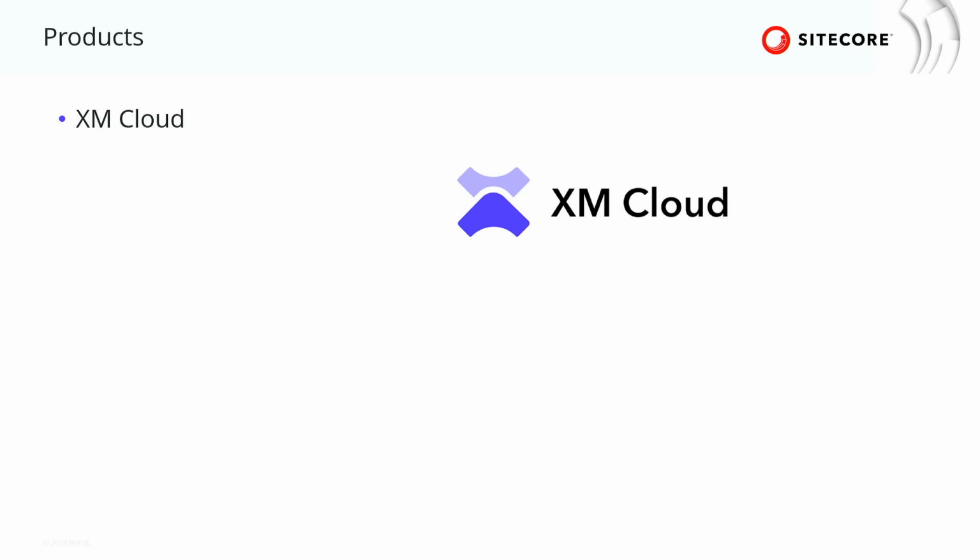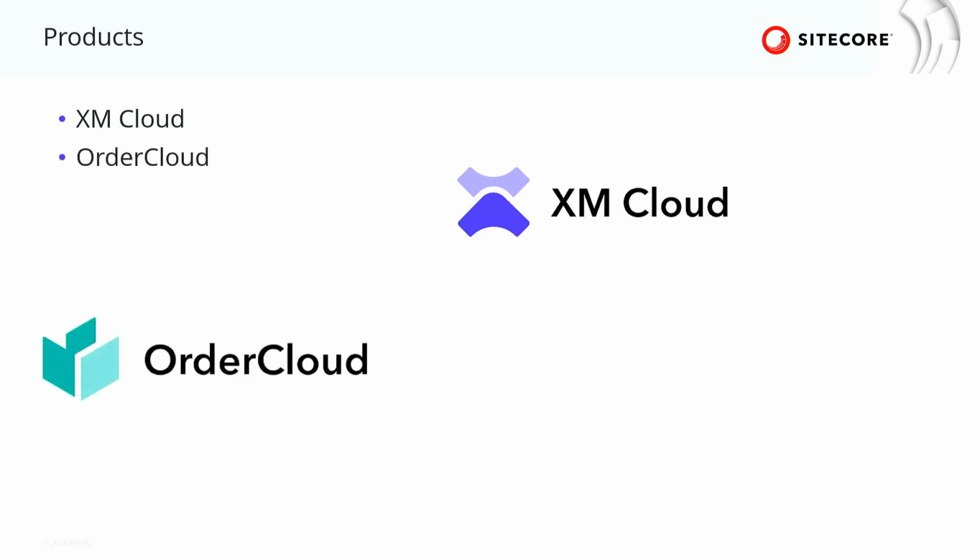So in the current presentation, I will use a few Sitecore DXP products and other cloud services, so I will just briefly go through them. Our site is built on top of XM Cloud. It's basically Sitecore in the cloud, a deployment platform for developers, marketers, and so on. Another thing we use is Order Cloud.